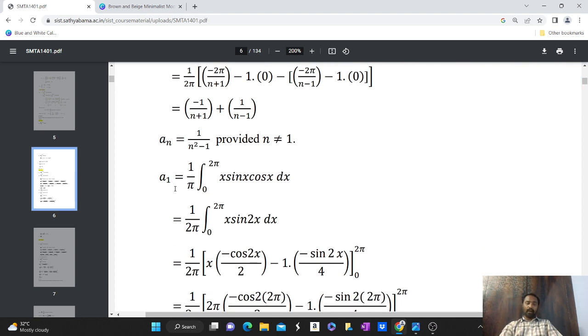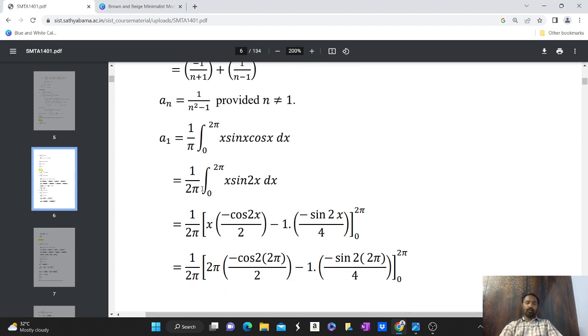So for a1, substitute n equal to 1, so a1 equals 1 by pi integral over 0 to 2 pi x sin x cos x dx. So 1 by 2 pi x sin 2x dx. Here sin a plus b, sin a minus b.